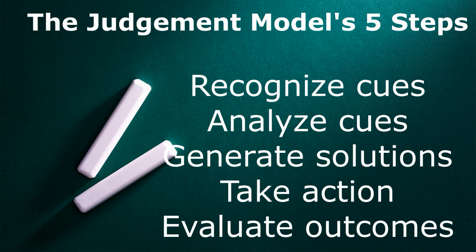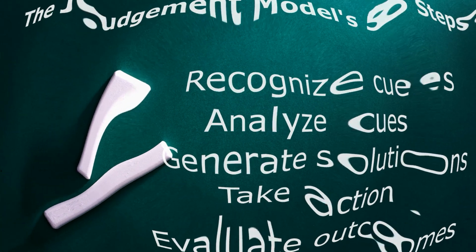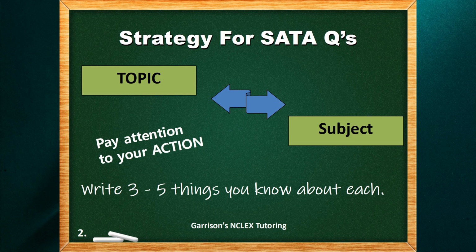All right. Now let's go on to the other 2 ways I taught you how to answer SATA questions. But make sure you know and understand how to answer questions using this judgment model approach. Remember that I told you guys you could pick out the topic and the subject in a couple videos ago.